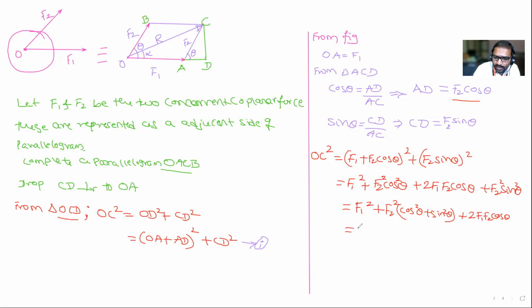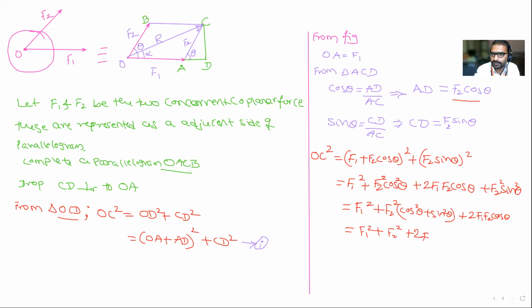Now, cos square theta plus sin square theta is how much? It is 1. So we get F1 square plus F2 square plus 2 F1 F2 cos theta.